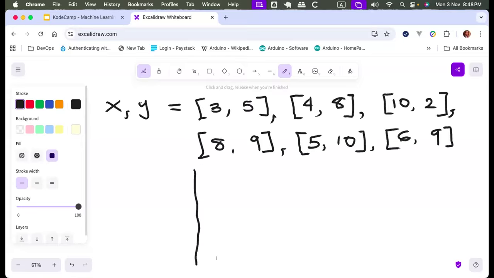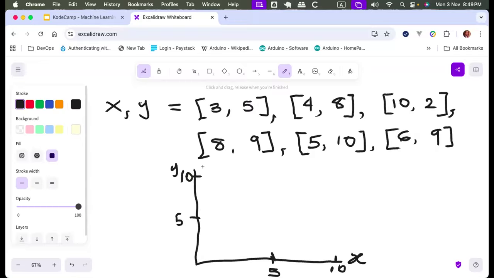If I draw this as a graph, I will have the y here and the x here. Let's just make this very simple. This is halfway, this is 5 on the x, and this is 10. And on the y, the highest y value I have is 10 as well. So I also have 5 here, and 10.